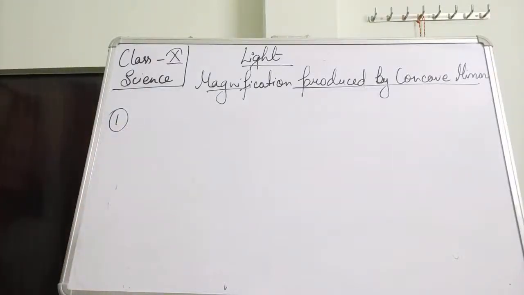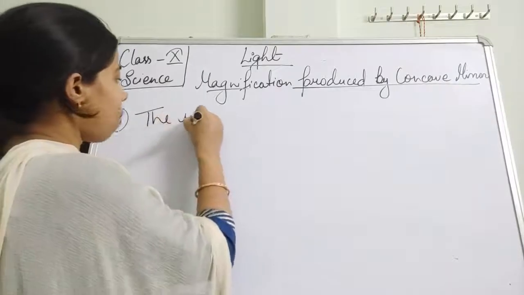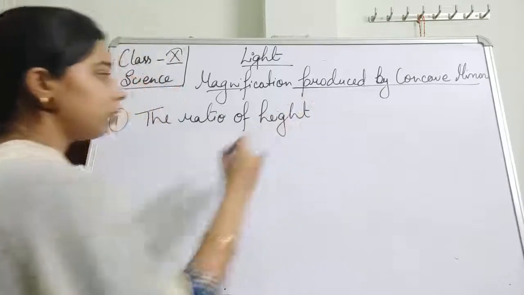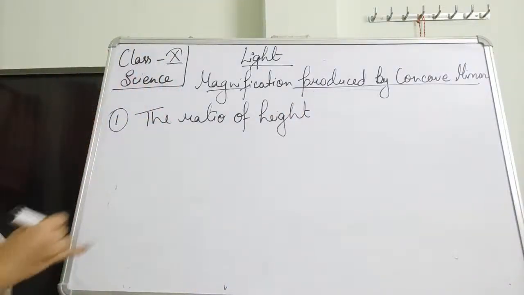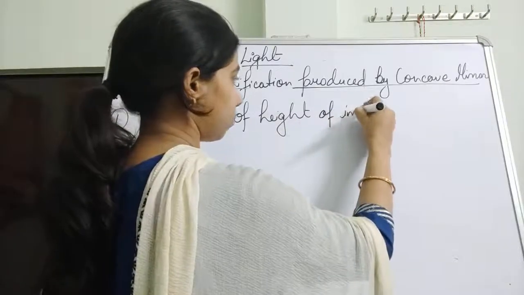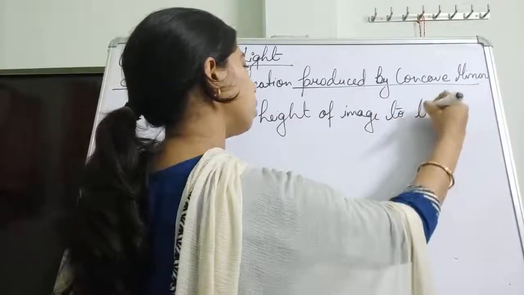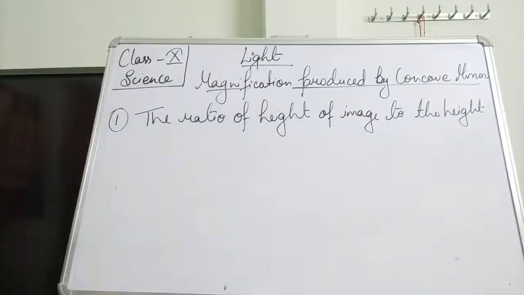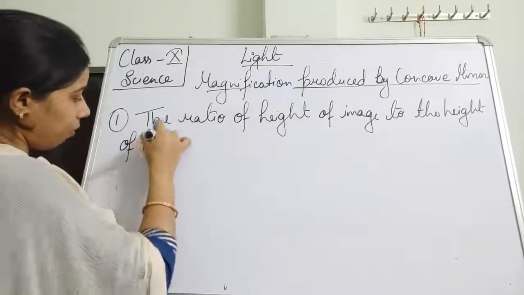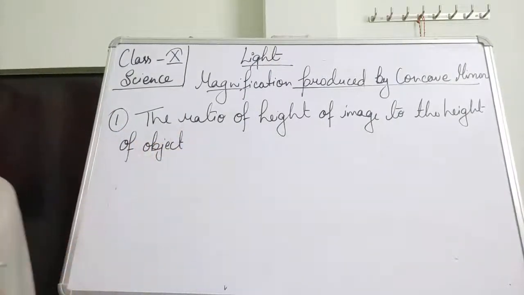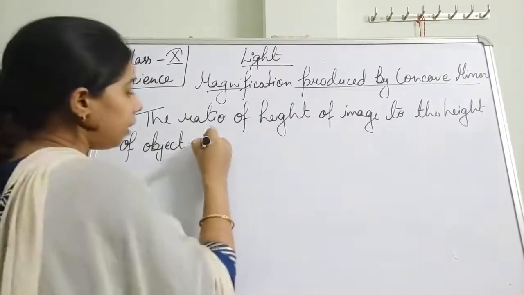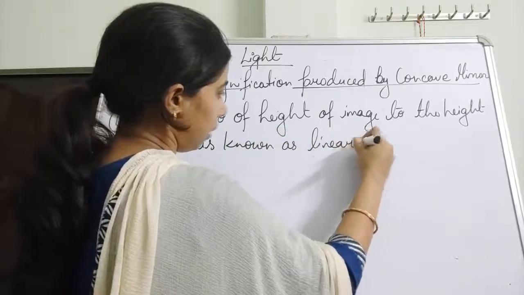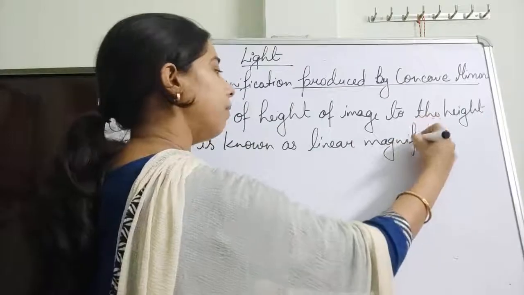The first formula is the ratio of the height of image to the height of object, which is known as linear magnification.